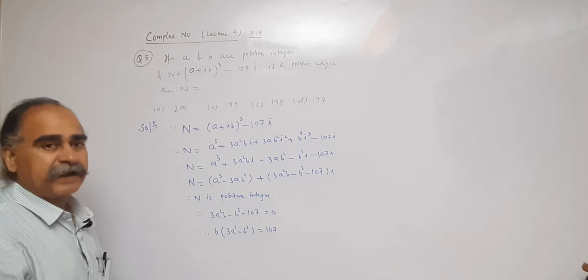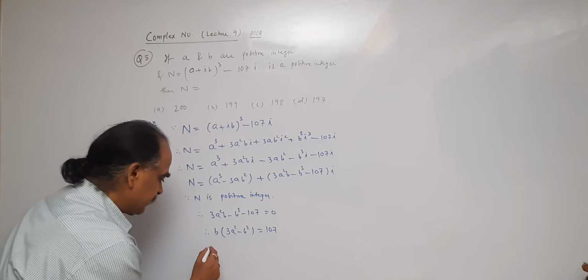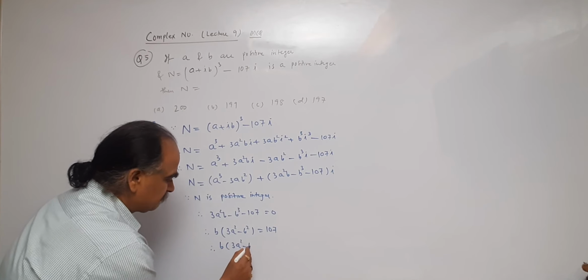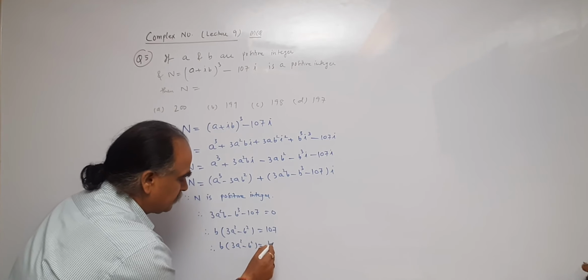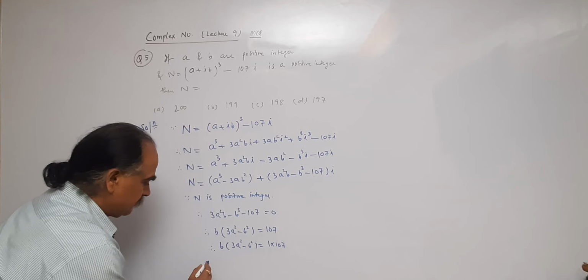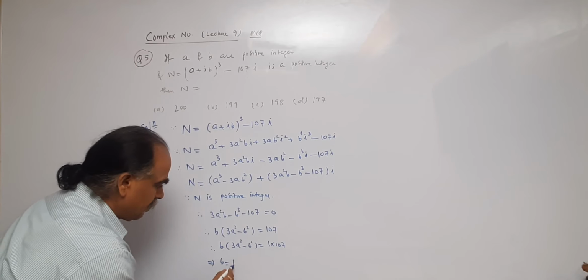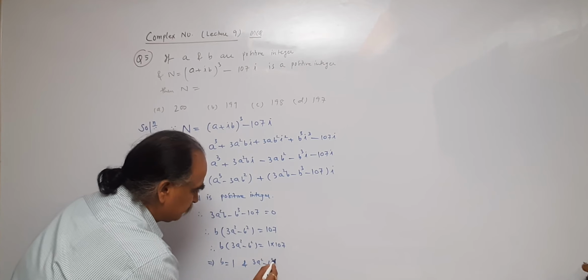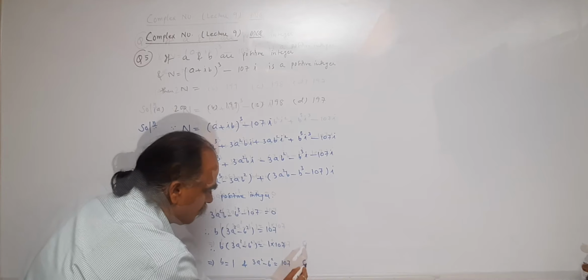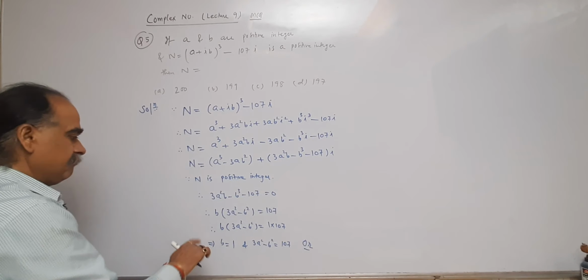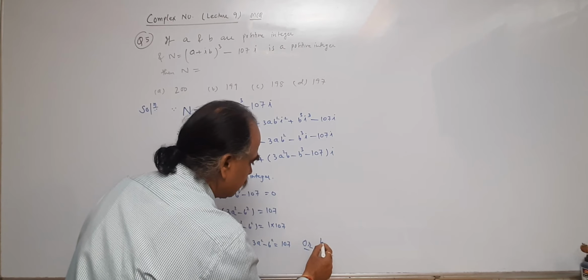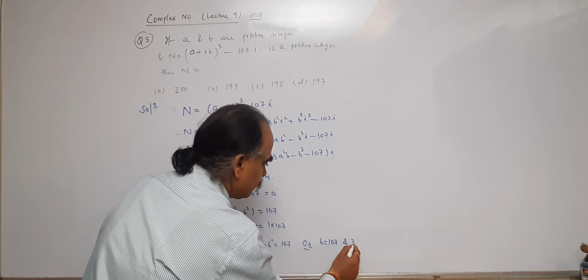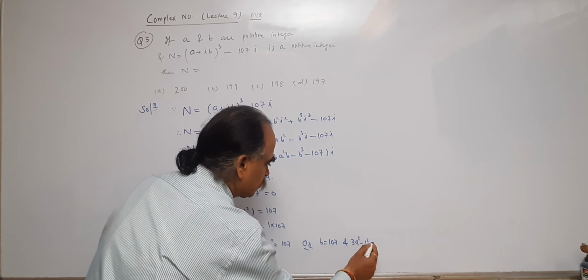Now 107 is a prime number. So this can be written as b into (3a square minus b square), which is 1 times 107. So this implies either b is 1 and 3a square minus b square is 107, or b is 107 and 3a square minus b square is 1.